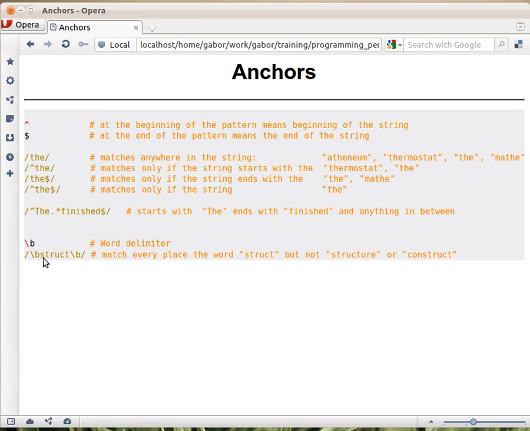If before the S there is a letter, or number, or underscore for that matter, it would fail. So that's why these two fail for this regular expression. But this one doesn't, because both sides have a quotation mark, which is a non-word character. \b is relatively rarely used, but then it's very useful.